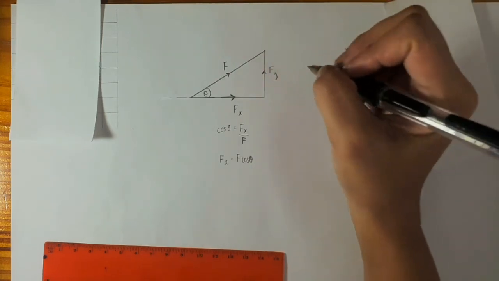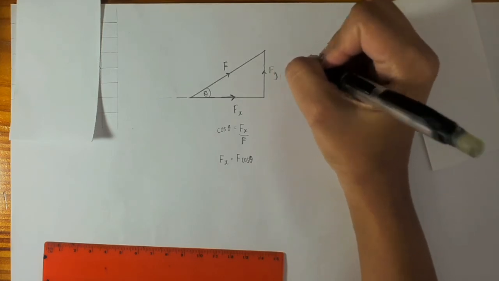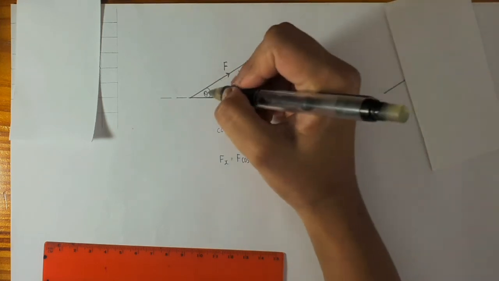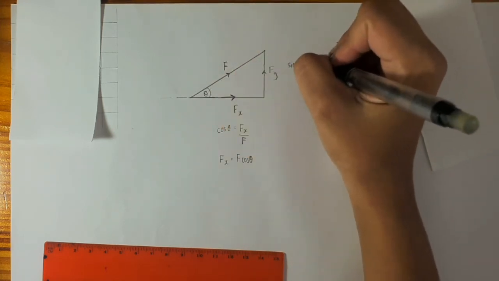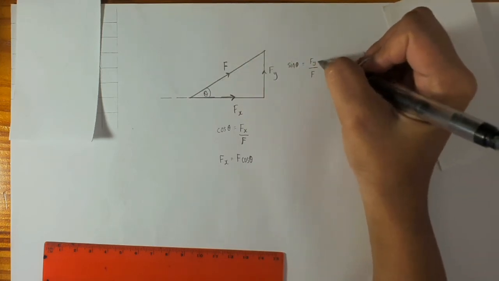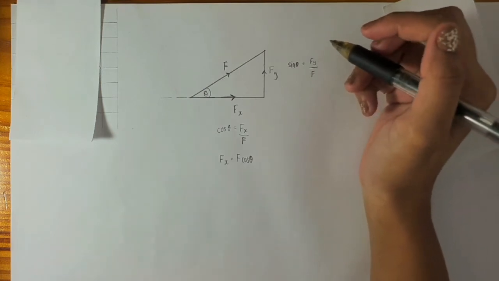So continuing in that vein, sine theta is opposite over hypotenuse. So what is the opposite to the angle? That's F y all over the hypotenuse, which is F. And if I make F y the subject of the formula, because that's what I'm trying to find, right? I'm trying to find the vertical component.